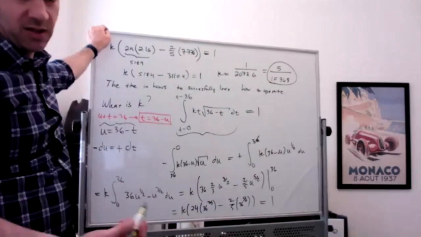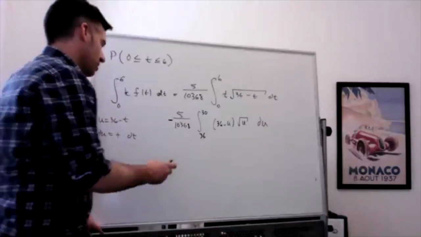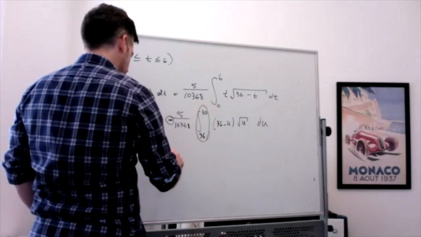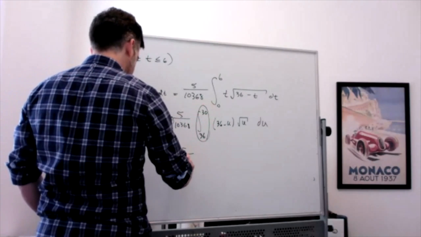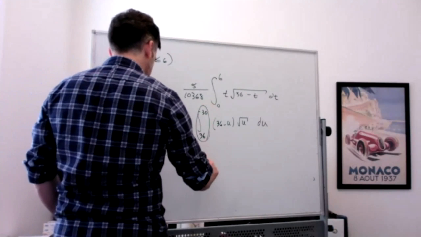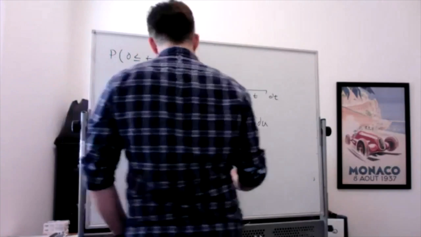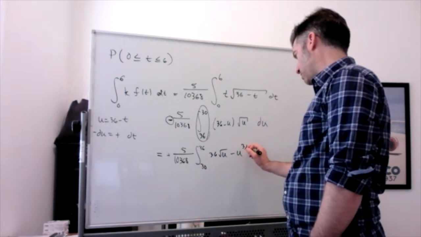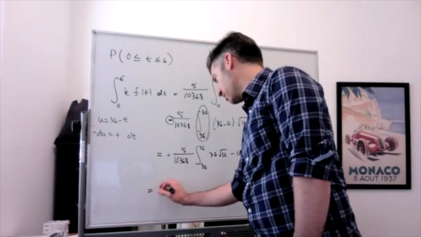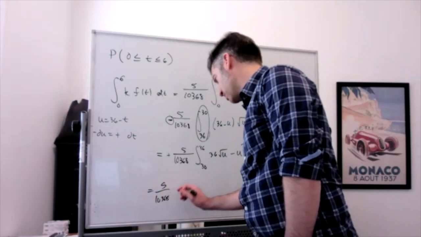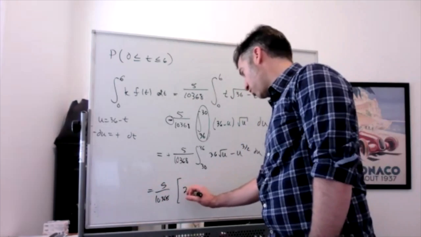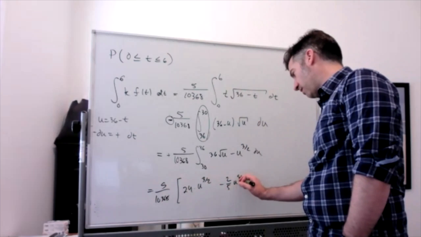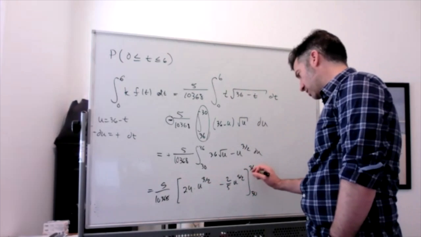So that's at least something we don't have to create. So that's going to be 5 over 10,368 times the integral from 30 to 36 of 36 u to the 1/2 minus u to the 3/2, which is 24 times u to the 3/2 minus 2/5 times u to the 5/2, from 30 to 36.